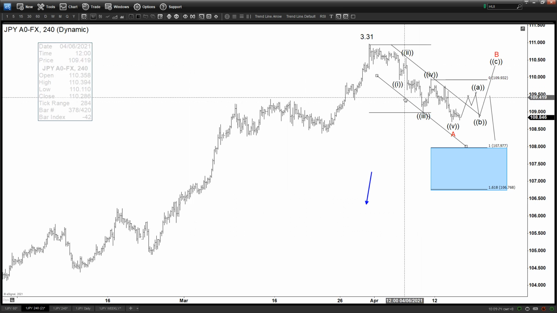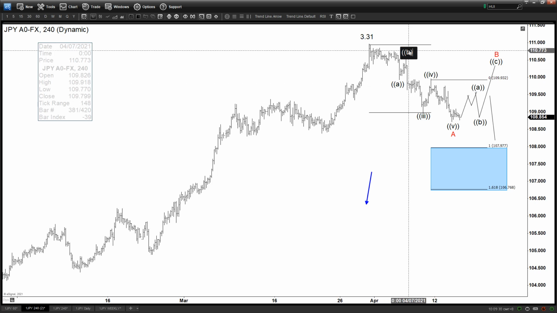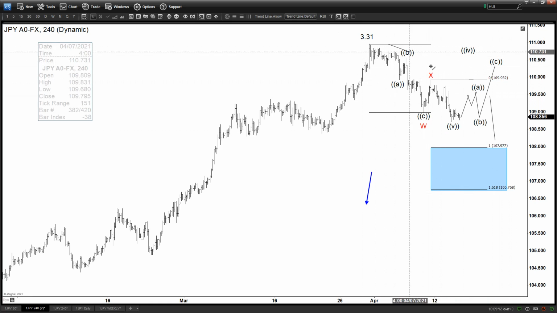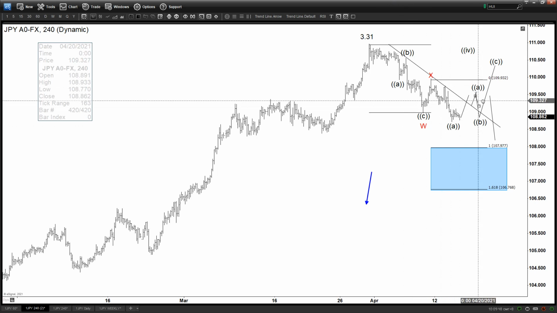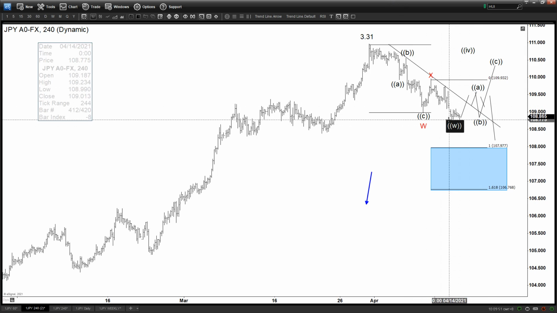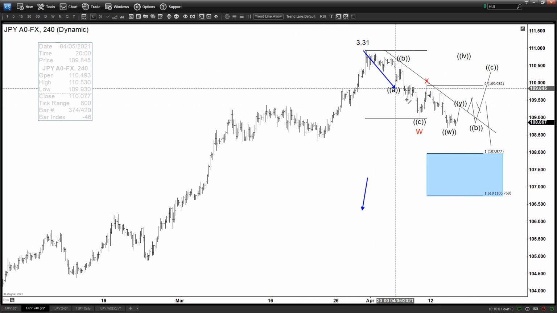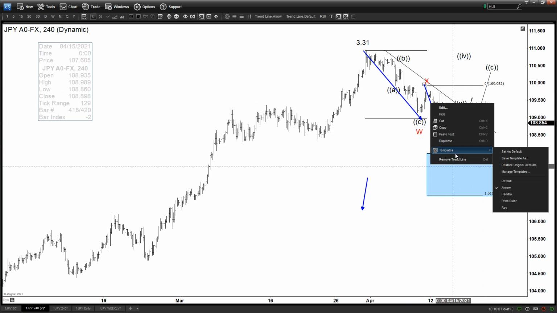We could be doing a double 3 in which this is ABC here. This could be an ABC W, and this is an X. As long as we stay below this channel, the rally can fail and then turn lower again to finish that Y leg to the downside, with the target towards this area here, the equality target of 108, approximately 108 to 106.7.